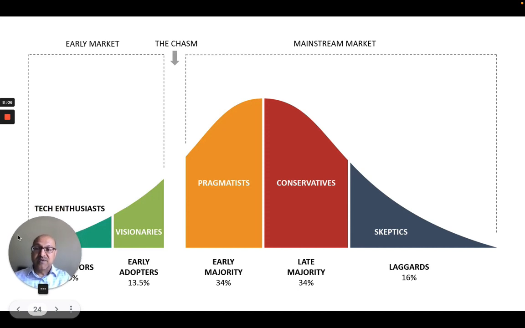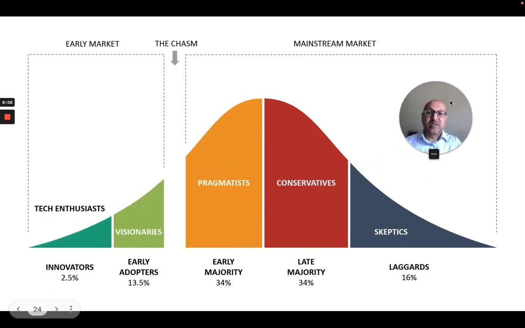This chart comes from the book Crossing the Chasm, where it talks about the types of customer segments and where you should start. So innovators, represented by the left dark green or turquoise area under the curve, represent about 2.5% of the customer market, and they're part of the early market.